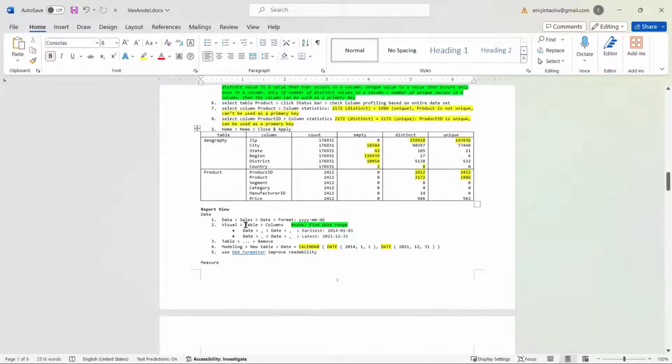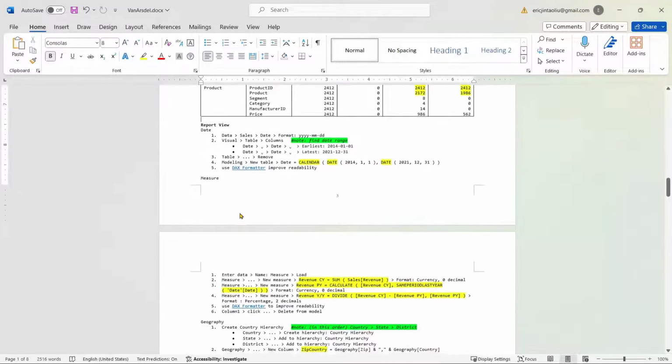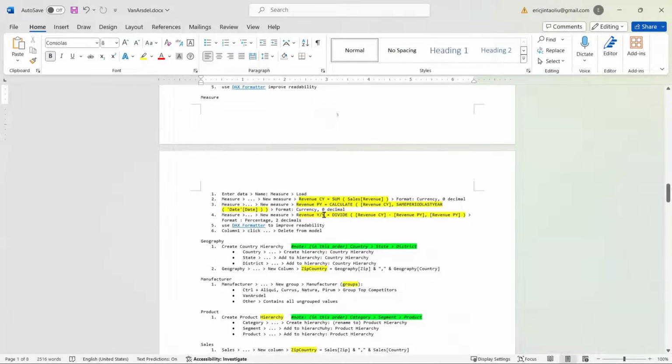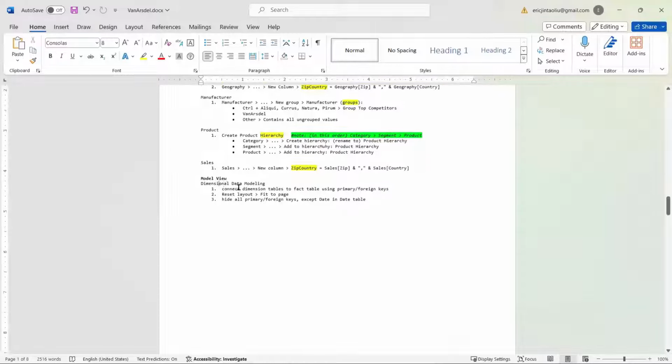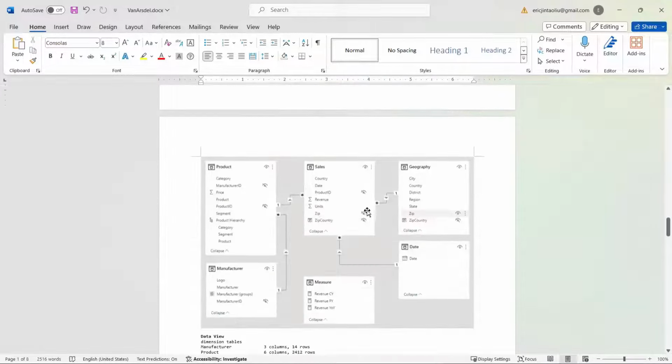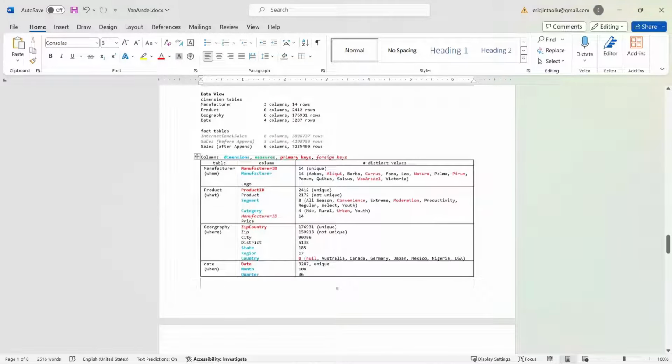And then you start to create the date table, and then create multiple measures, and then create the hierarchies and group. And this is the model view, right? If you remember. And then you understand this data a lot better.